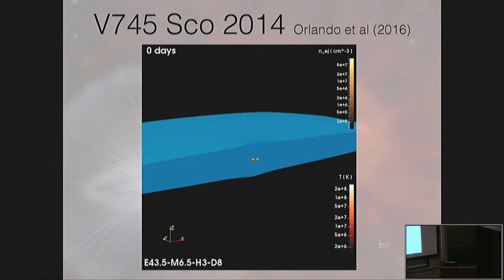So moving on to one that's just gone off a couple of years ago, V745 Sco. Now this blue here is an isodensity contour, essentially an isodensity surface. So we have again the star, and the white dwarf, again a symbiotic nova. So the white dwarf is accreting from a wind rather than from a disk.